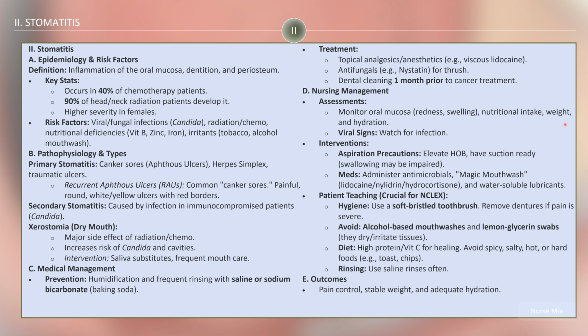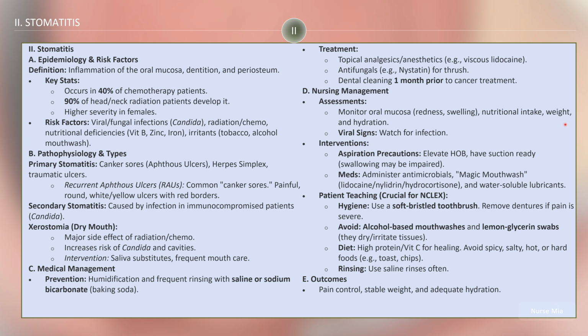Secondary stomatitis is infection caused by viral, bacterial, or fungal agents in immunocompromised patients, for example with chemotherapy or radiation. Interventions are saliva substitutes and frequent mouth care.